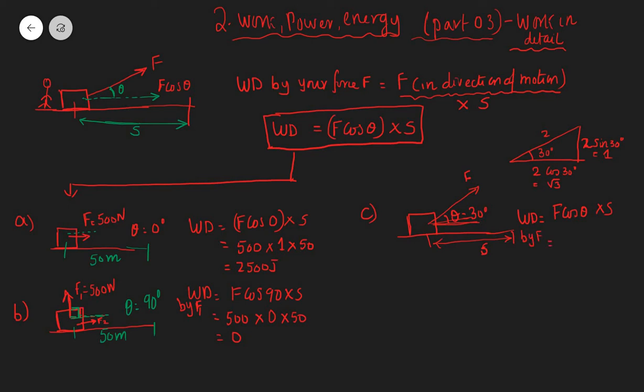So that's F, let's say it's 500 Newton into cos 30 into S, which is 550 meters.